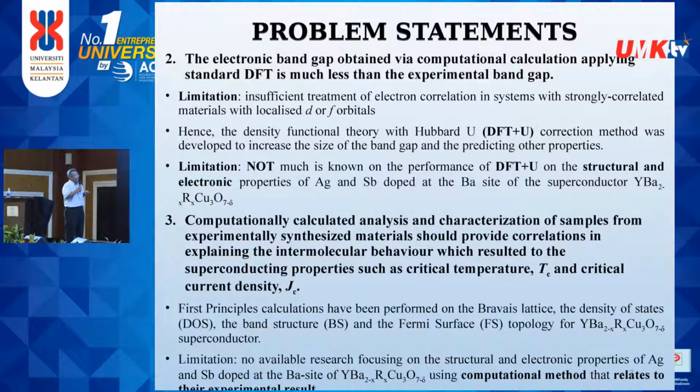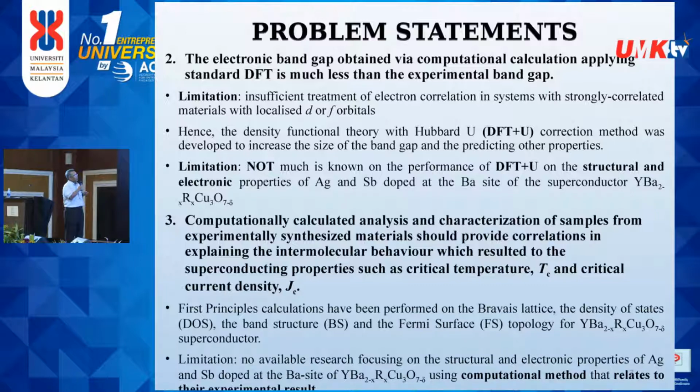All right, first principle calculations have been performed on the Bravais lattice, the density of states, the band structure, and the Fermi surface topology for YBCO superconductor. And there is also a limitation because there is no available research focusing on the structural and electronic properties of silver and antimony doped at the barium site of YBCO using a computational method that relates to the experimental results.